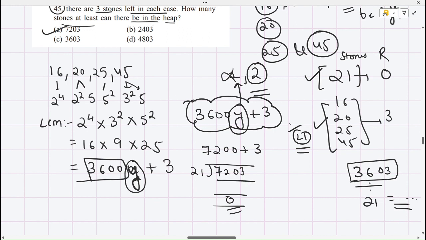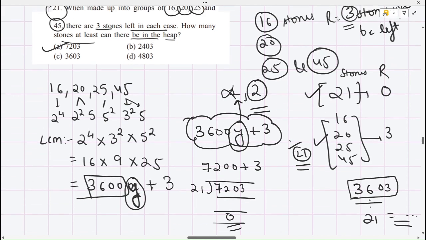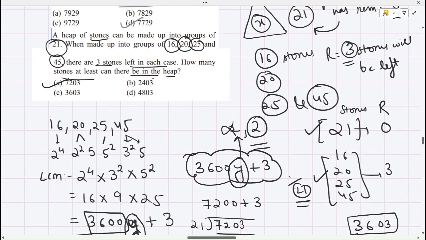So this will be the answer, that is, the minimum number of stones that there can be in this particular heap containing all the stones should be equal to 7203.